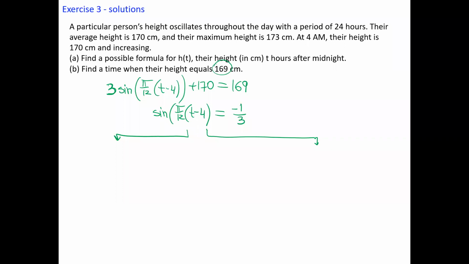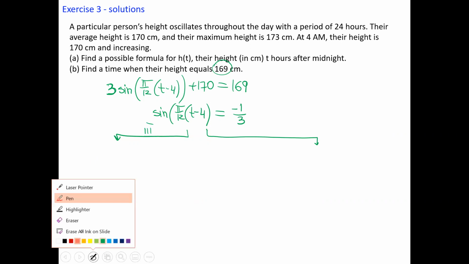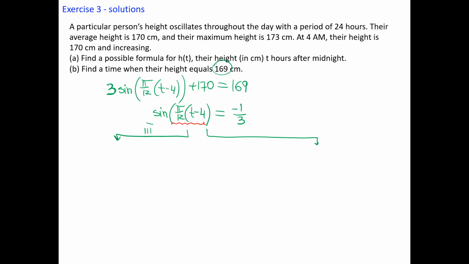Okay, how can I write? Let's say the third quadrant. We can say that the angle, which is everything here, that's theta, theoretically. That means theta, pi over 12 (t minus 4), equals just sine inverse of negative 1/3.